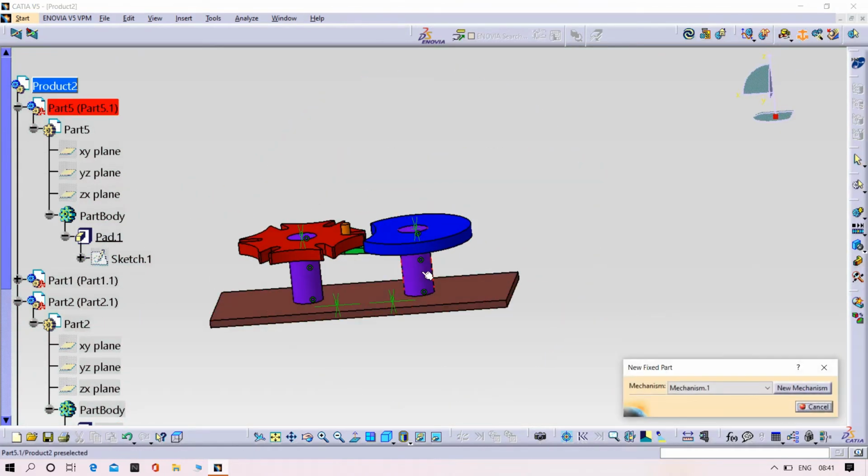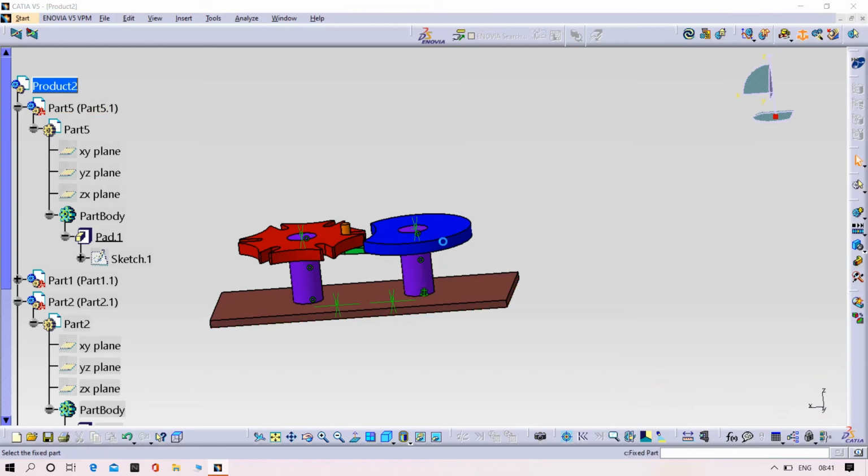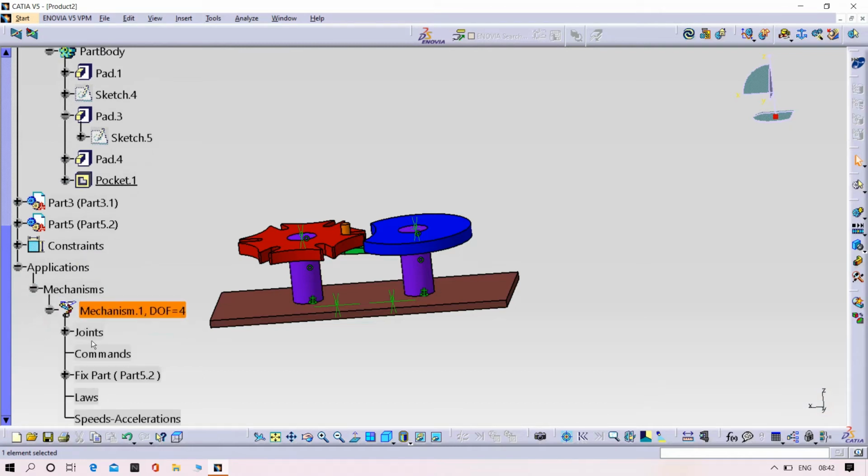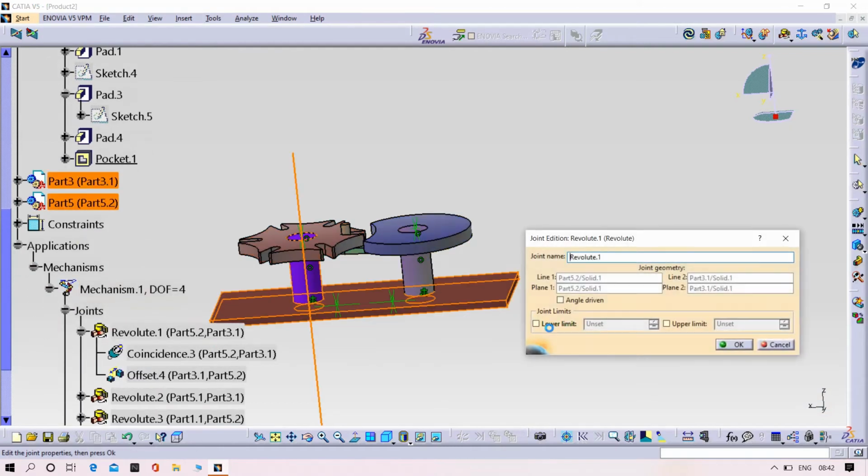Then fix the shafts, and we need to give the angle driven for each revolute joint.